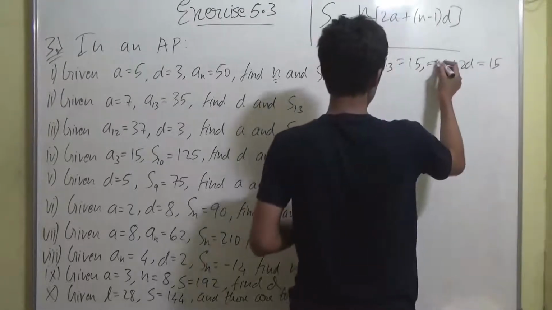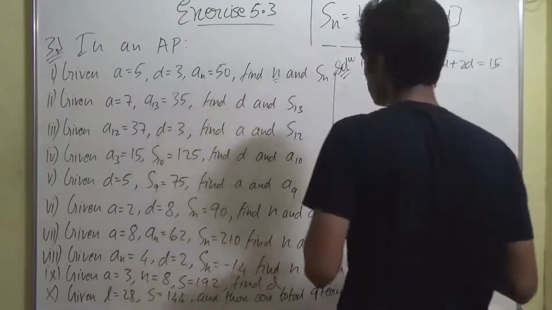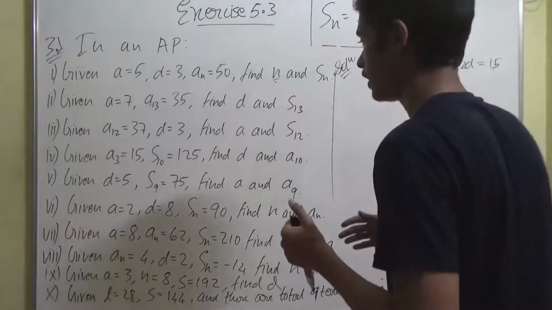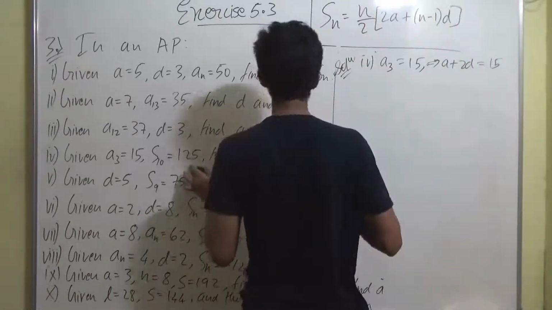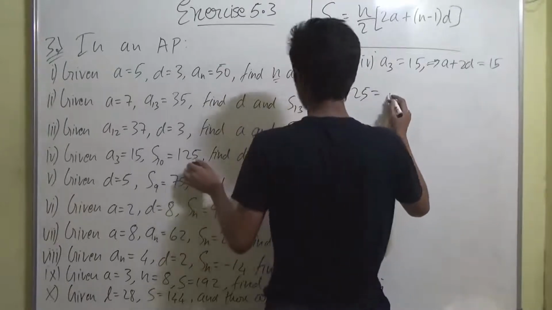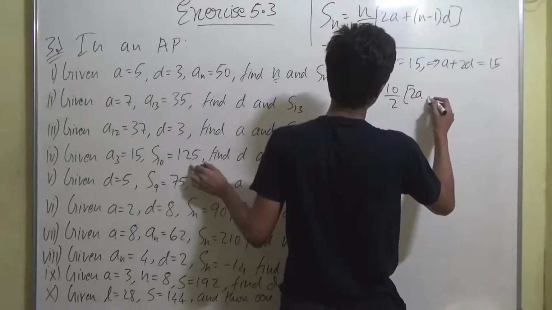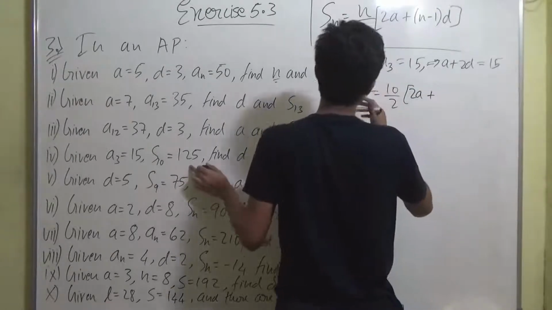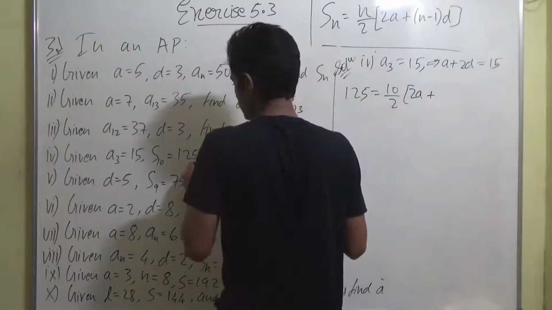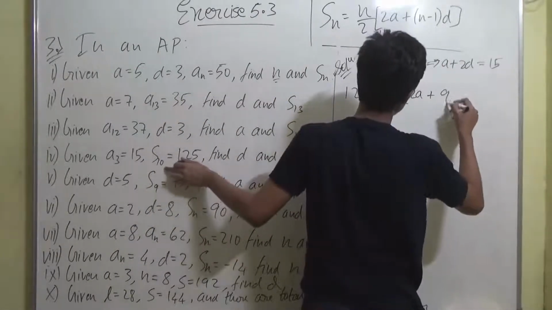Done. And S of 10 equal to 125 means 125 equal to 10 by 2 into (2a plus (10 minus 1)d), because n here is 10, so it is 9d.